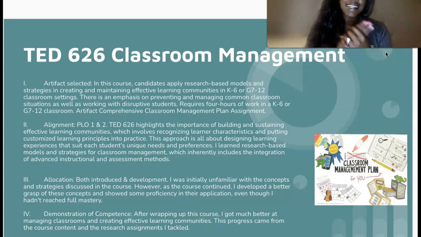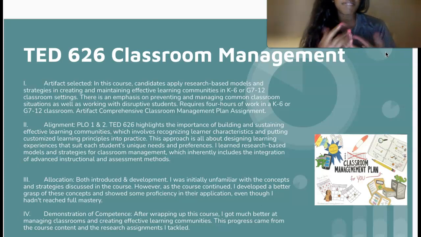I can't put enough emphasis on how much I loved being in this class. I was sad when it was over, but it really teaches research-based models and strategies in creating and maintaining effective learning communities.